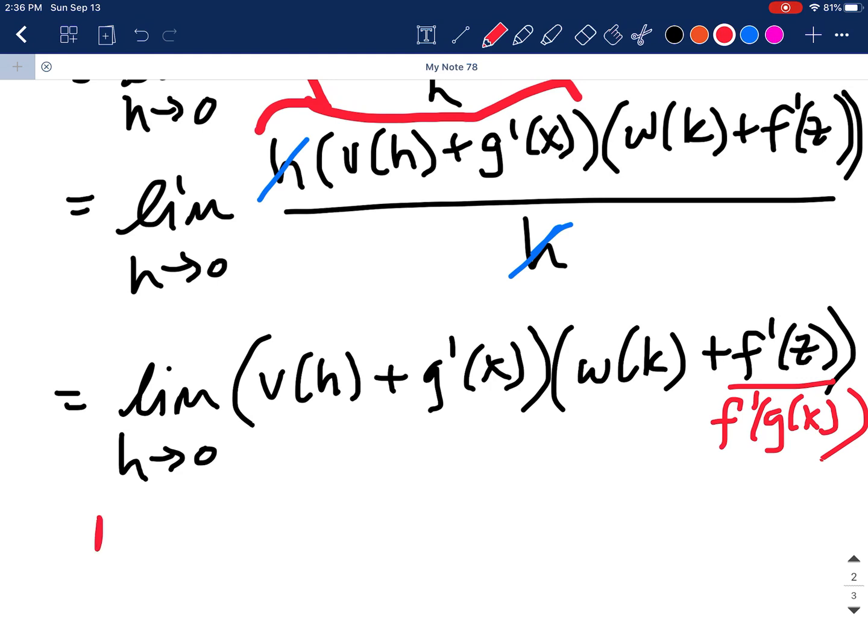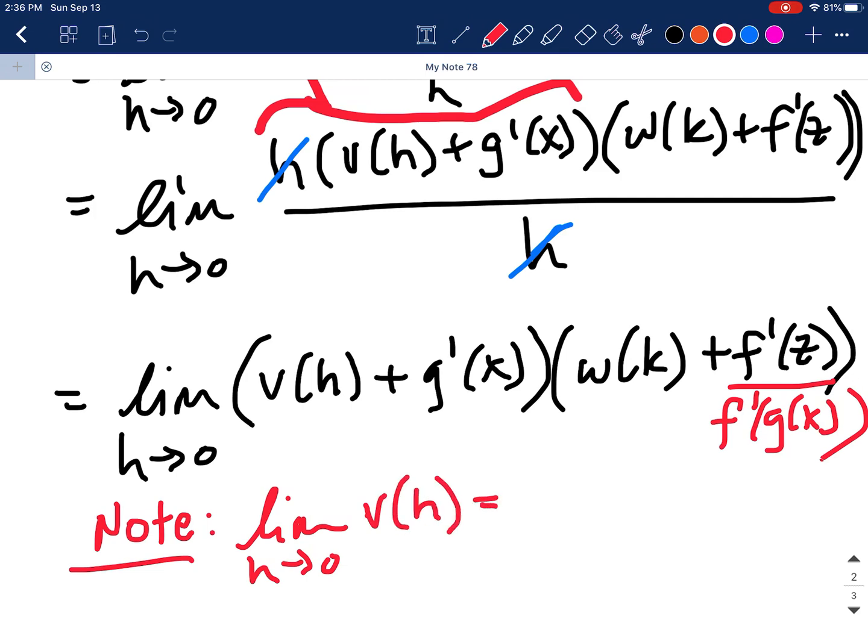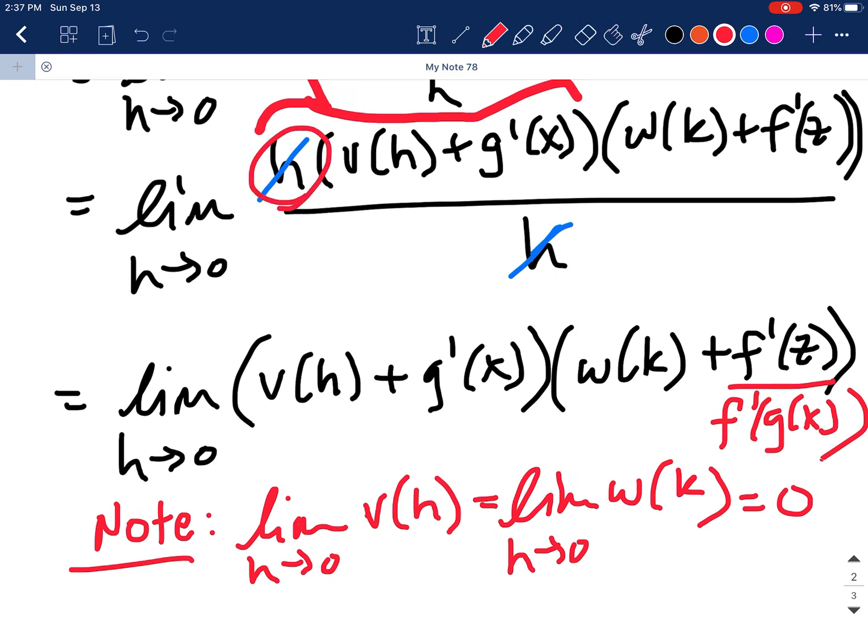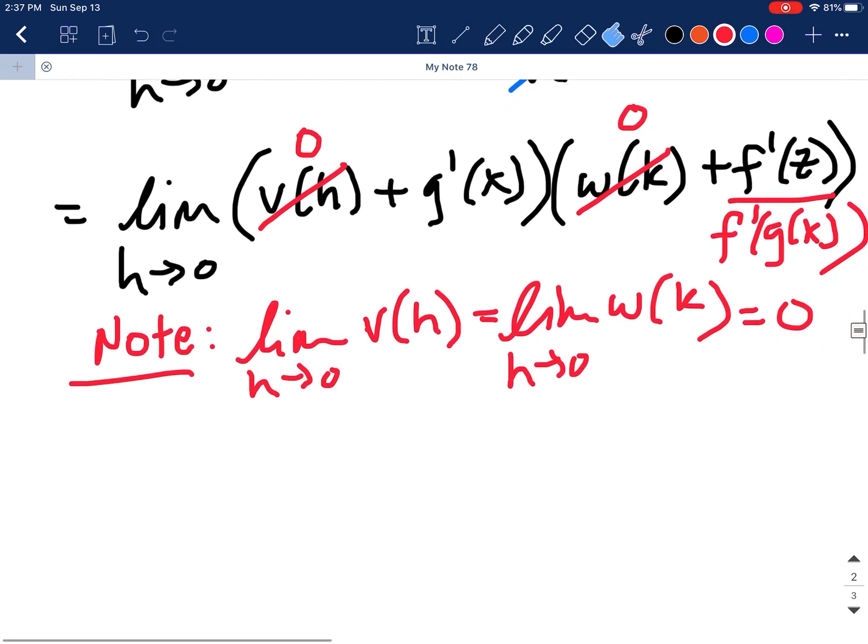And then we'll note that the limit as h goes to 0 of v of h is equal to the limit as h goes to 0 of w of k, which equals 0. That was from our earlier definition of v of h, and then w of k, if you remember, k has this h times a quantity in it, so it's just going to be 0 times that quantity as h goes to 0. So both of those are 0.